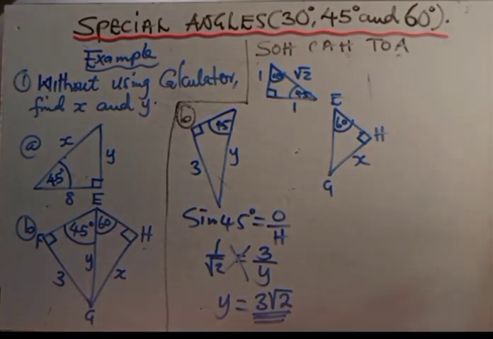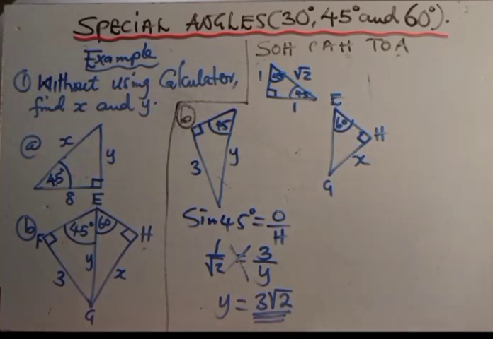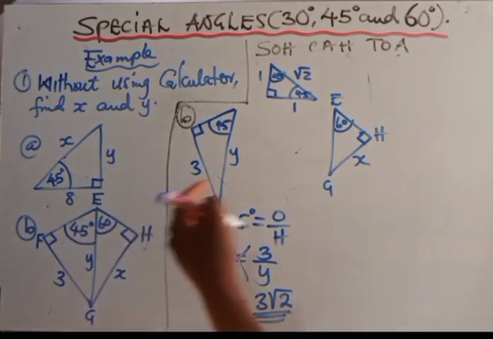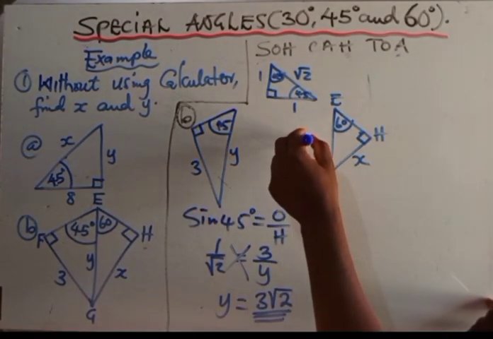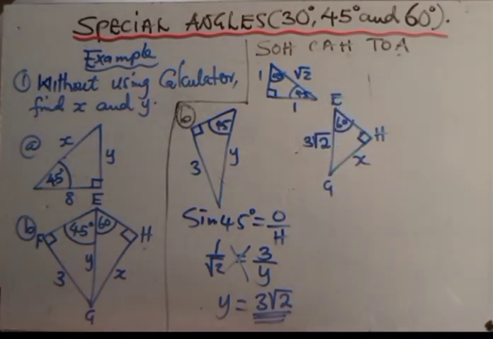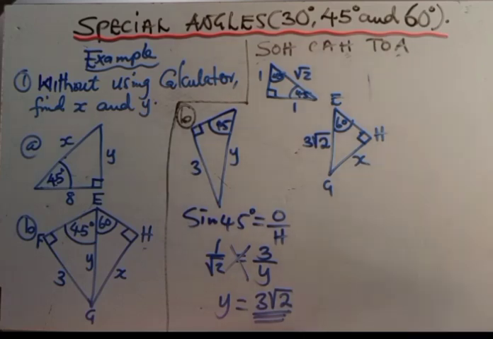What is x? X is opposite to 60. What else have we been given? Remember, we have already found EG, sorry, EG is the one we are looking for, which was y. So meaning there it is 3 root 2. That is the length there. So we know the opposite and the hypotenuse, so we are dealing with sine.